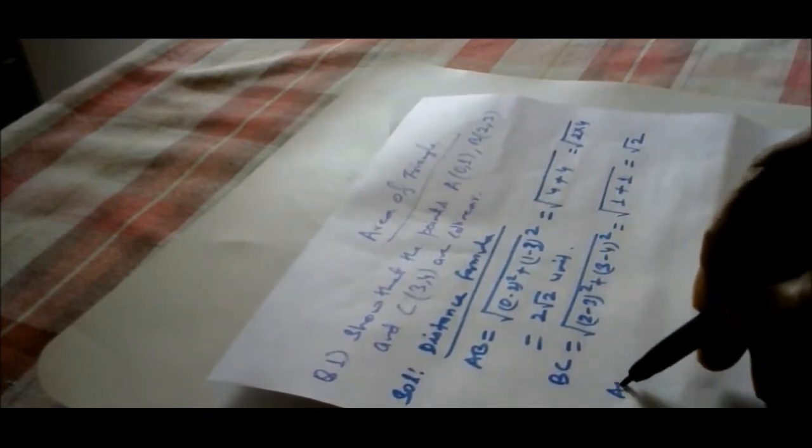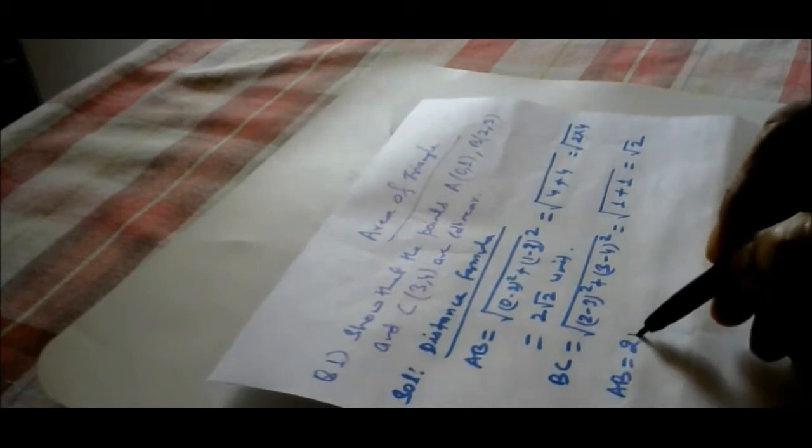So what we have found? BC is root 2, whereas AB is 2 root 2. So we can say that AB is equal to 2 times BC.